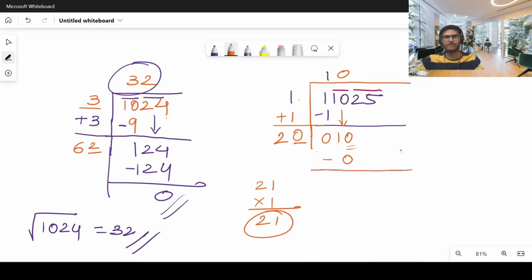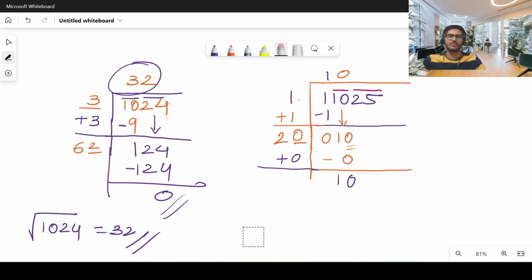Now the same subtraction: 10 minus 0 is 10. Again, we add the number with the same digit, so it's 20, which added with 0 gives me 20 only. But since you know that in every step the divisor gets one extra digit, in the first step there was only the ones place digit, in the second step there were 2 digits, and in the third step the number is going to be a 3-digit number.